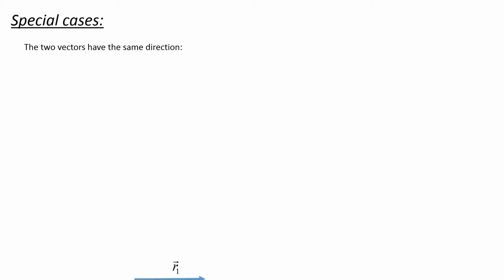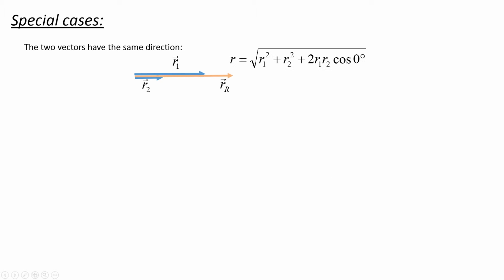Good. Now, most of the time you will have special cases which are very easy. For example, the two vectors have the same direction. We have r1 in this direction and r2 in the same. Then, of course, the resulting vector will be very easy to calculate, because it will just be one behind the other, r1, r2 behind that one, and that's our resulting vector.